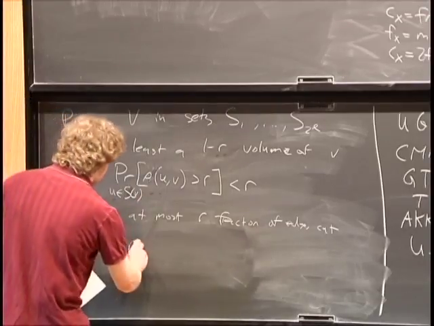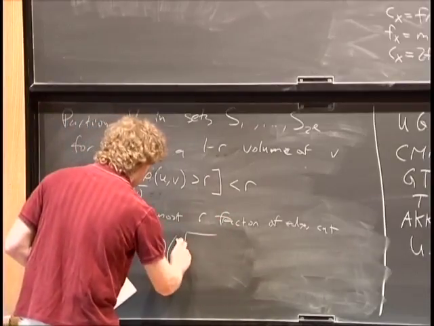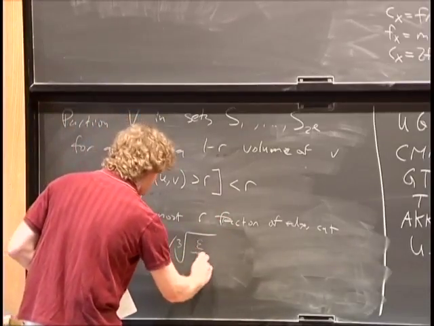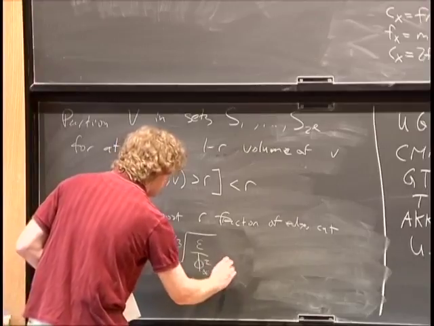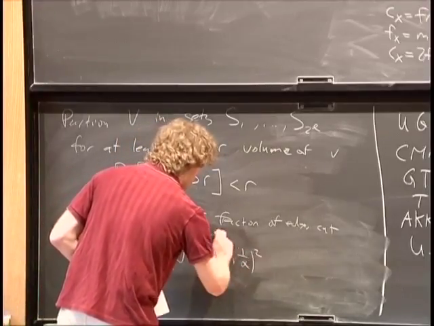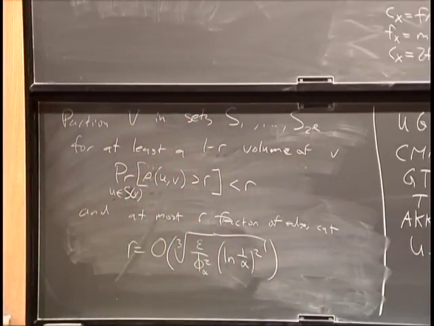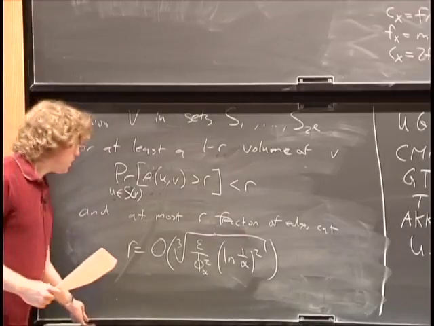And R here is something like cube root of epsilon over V squared. And there's other log terms, but they're of less importance.